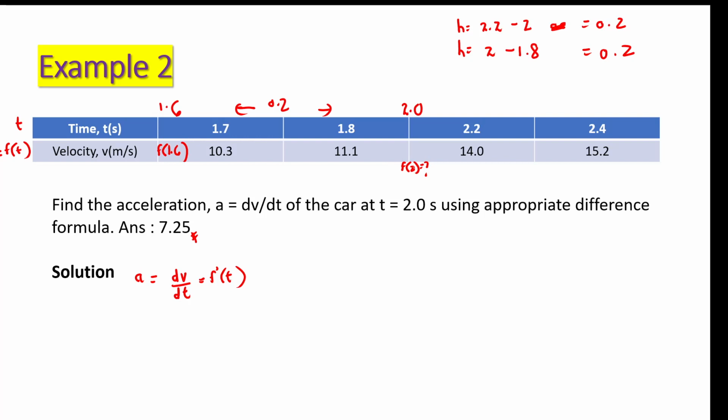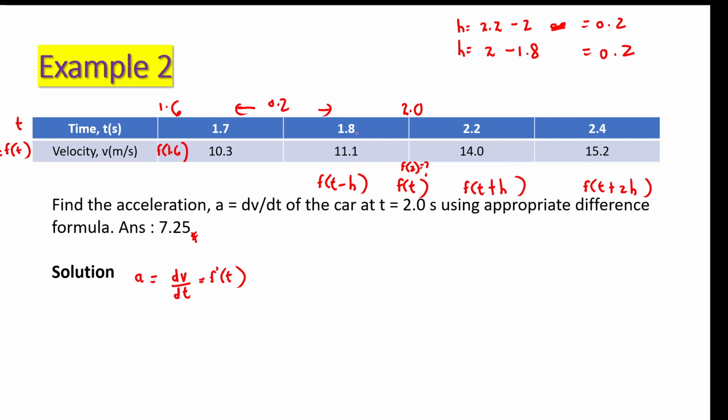So in this case, f(2) is your f(t) because the function is of t. This point is f(t+h), 1.8 is f(t-h), and 2.4 is f(t+2h), because from 2 to 2.2 you have 1h and 2.2 to 2.4 adds another h.